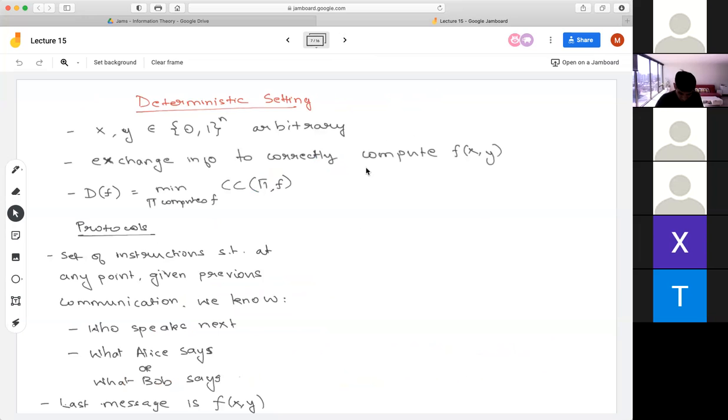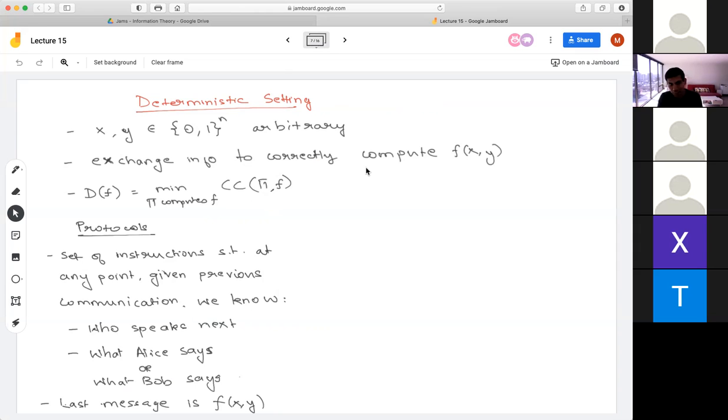Information theory really shows up when you introduce randomness into the problem, but it's easier to understand all the objects when we don't have randomness. So let's start there, and then we'll slowly introduce randomness into the setup. In the deterministic setting, the two inputs x and y are arbitrary.